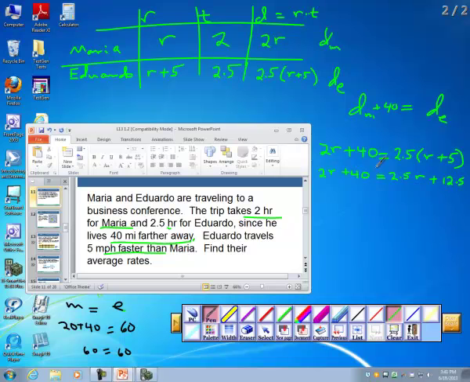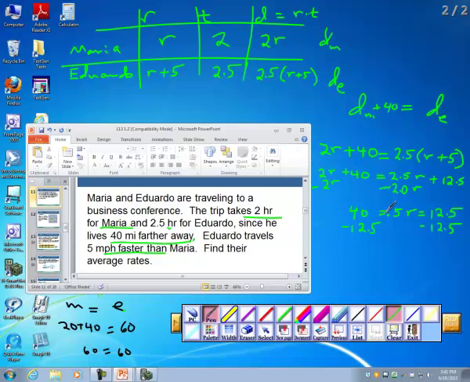Now at this point we can solve for R. We subtract 2R from both sides, and we get 40 equals 0.5R plus 12.5.